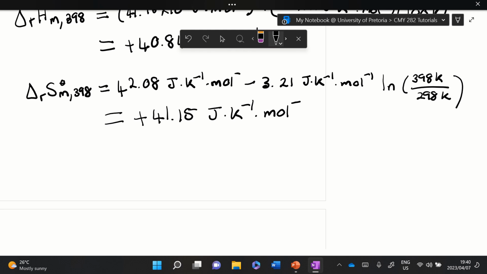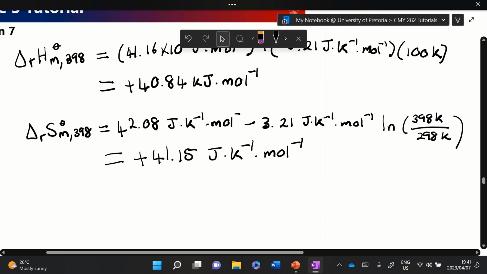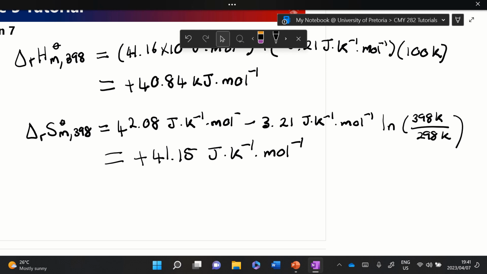Alright. And actually you see there's not a big difference in either of these values. And interestingly enough, both of them slightly decreased, which means if you do these reactions at the higher temperature, there's a little bit less heat given off by this reaction.